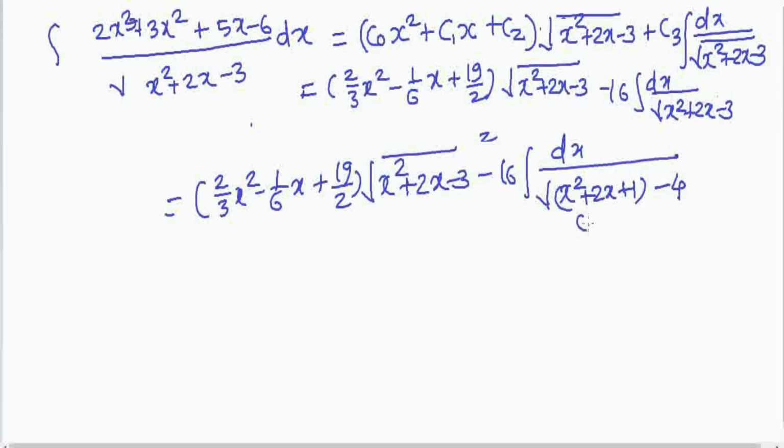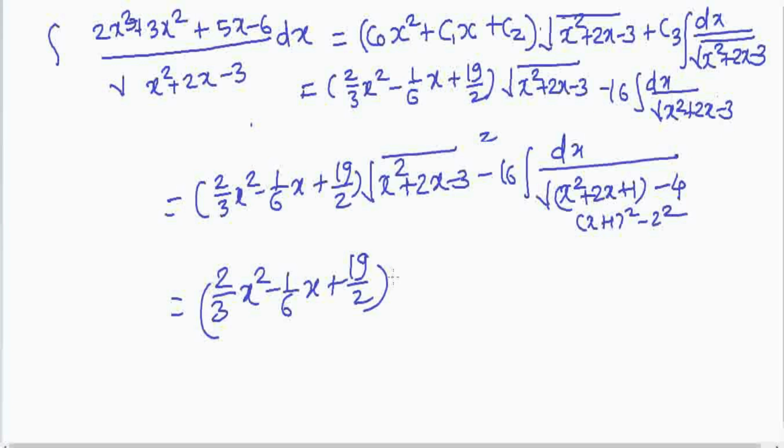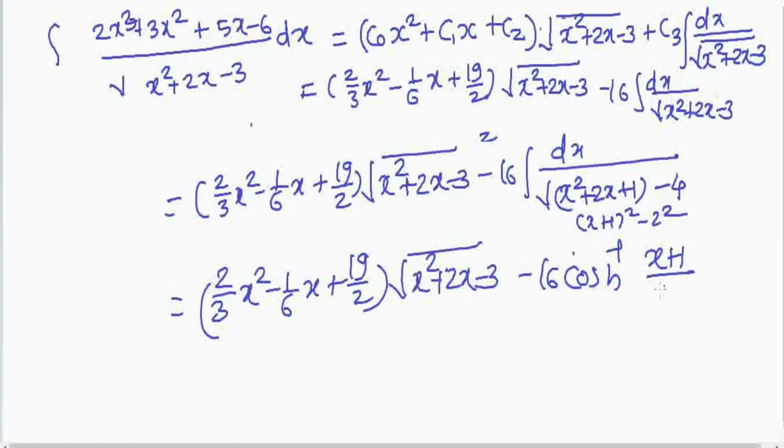So this is an expansion of (x plus 1) whole square minus 2 square, and we can apply the formula for x square minus a square, and that is cosh inverse. So the answer is 2 divided by 3 x square minus 1 by 6 x plus 19 divided by 2 into the square root of x square plus 2x minus 3, minus 16 into cosh inverse of (x plus 1) divided by 2. So this is the answer of this problem.